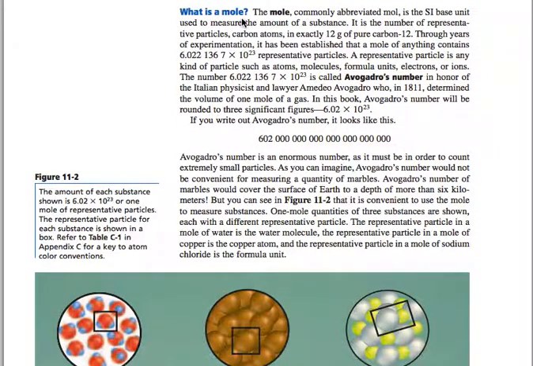What is a mole? The mole, commonly abbreviated mol, is the SI base unit used to measure the amount of a substance. Remember, this is a counting, not a measuring unit, okay? It's for counting 1, 2, 3, 4, 5, okay?